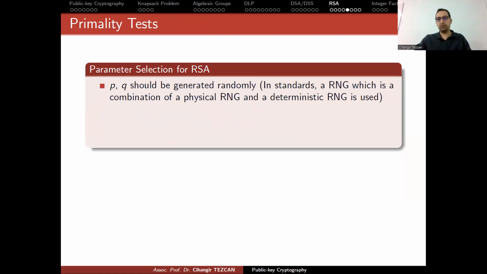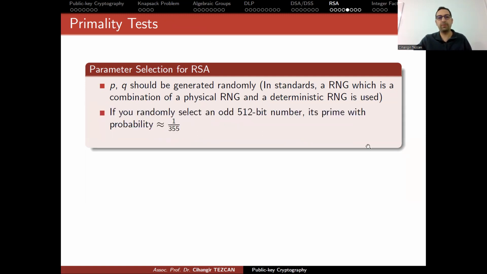All right, let's move on to parameter selection. We said that P and Q should be generated randomly, and they should be prime. In standards, a random number generator, which is a combination of a physical random number generator and a deterministic random number generator, is used. If you randomly select an odd 512-bit number, it's prime with probability approximately 1 over 355.